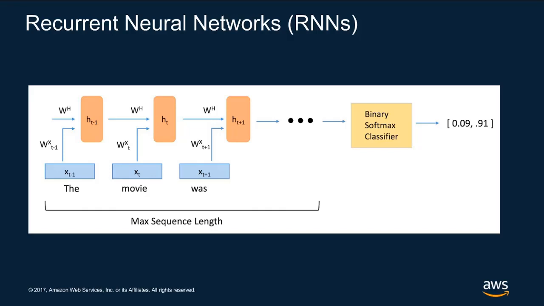And in this case, you can see each word has some weight applied to it. That weight is not specific to the word in any sense. It's specific to the time, the T, that the word is at. So the first word has a weight associated with it. The second word has a weight associated with it. Each feeds into this hidden state.